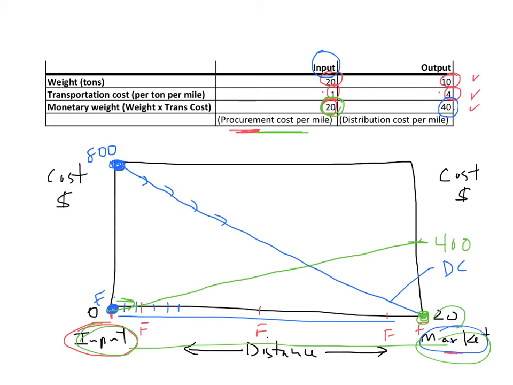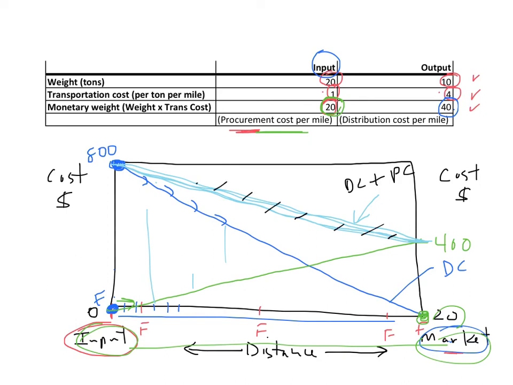So if we move from left to right and we add these two vertical distances together, we would end up with a total cost curve that looks something like this. What I've represented here is the total cost of procurement and distribution. We might call it DC plus PC, and that's this top line right here.